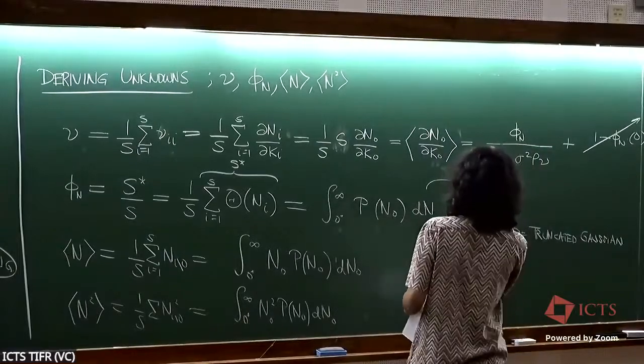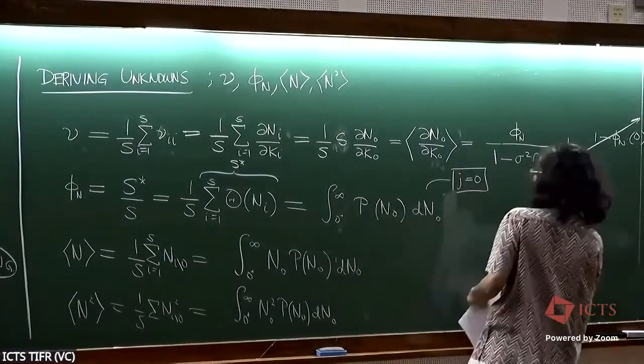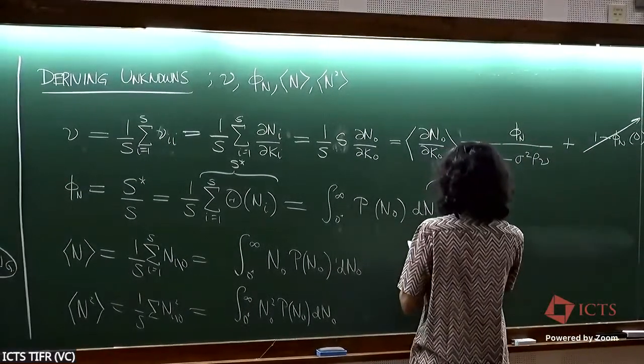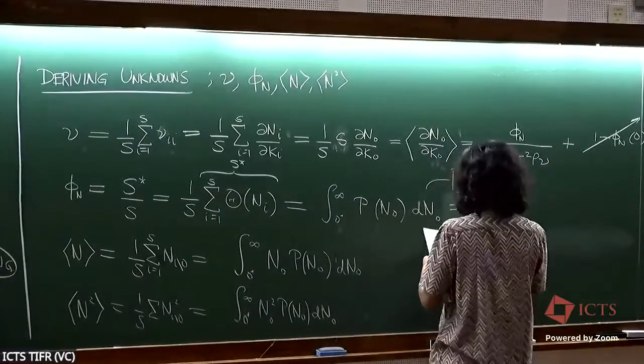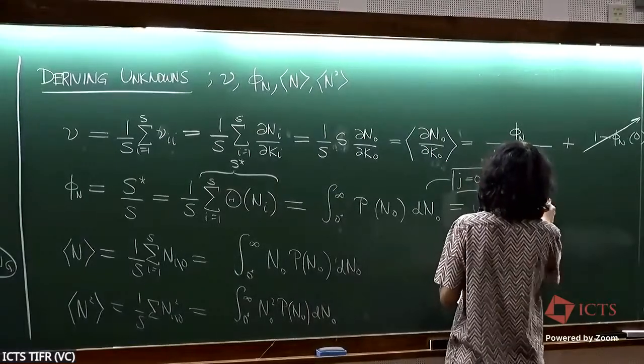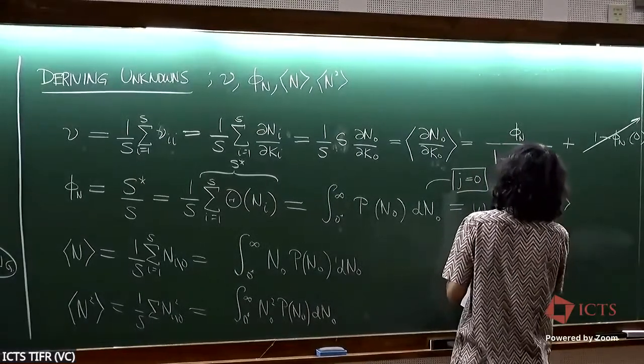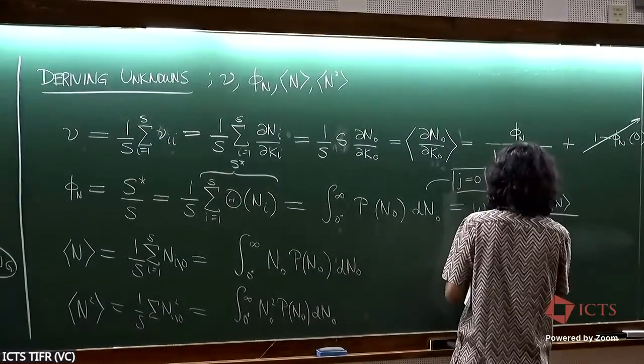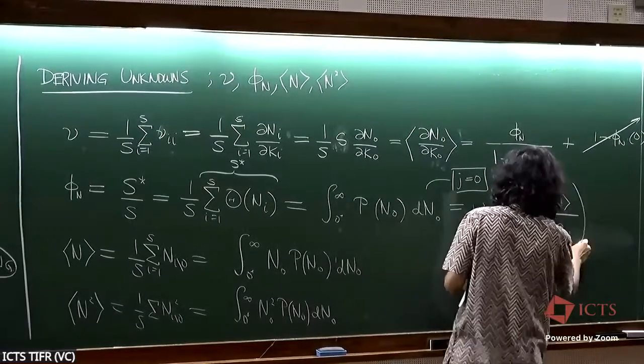So just to write down a couple of them, to give you a feeling. This will really be W0 of A minus mu mean N over 1 minus sigma squared rho nu.